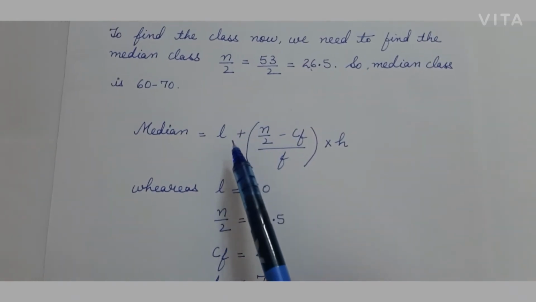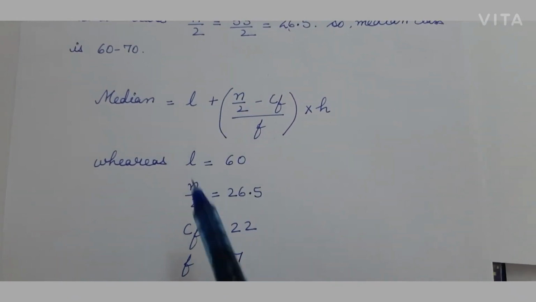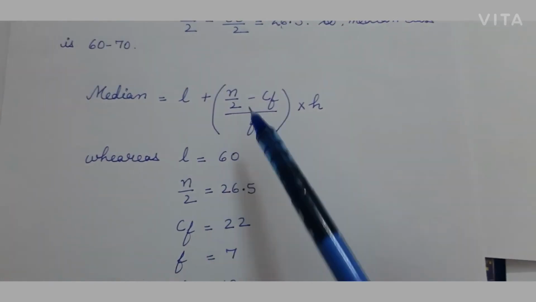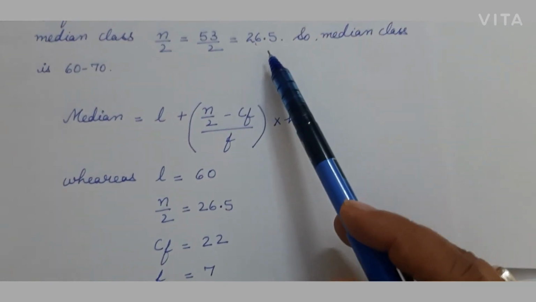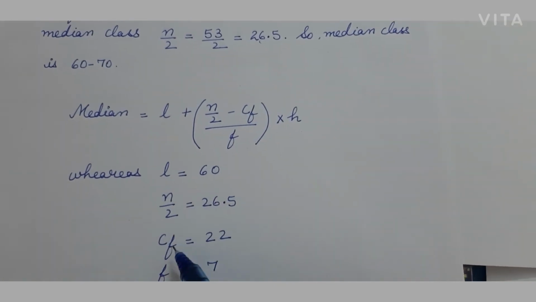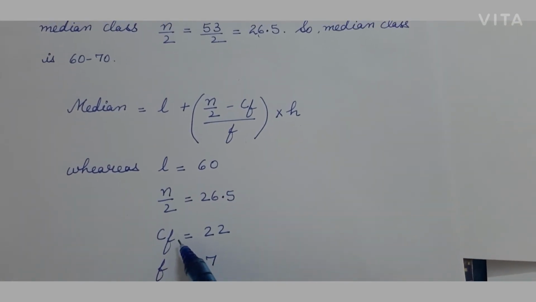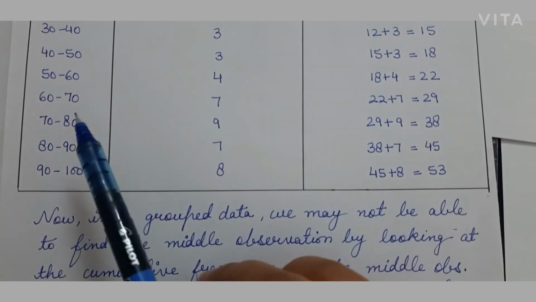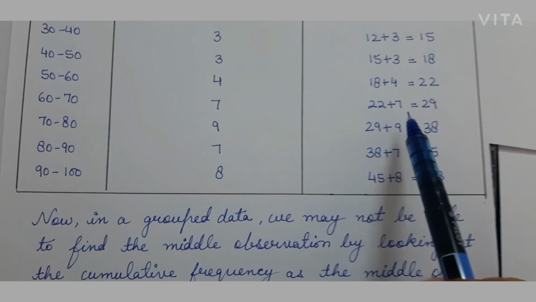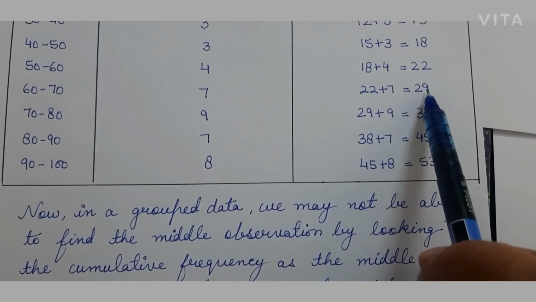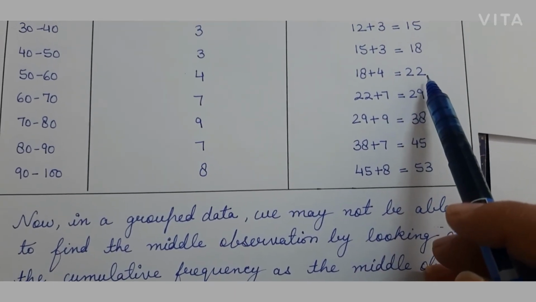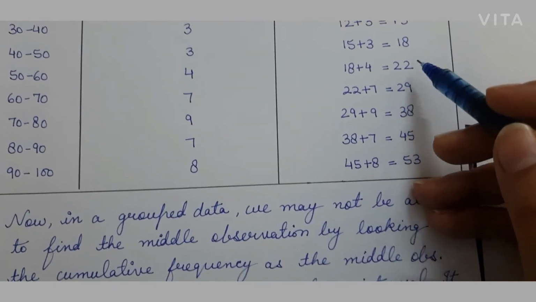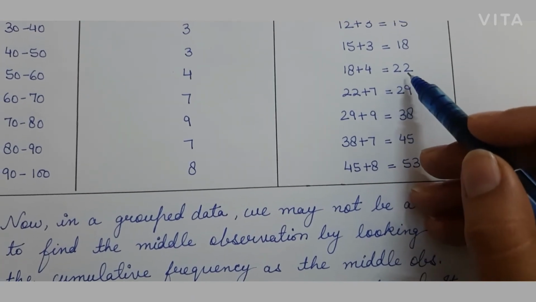Now just putting the values in our formula. L is the lower limit of our median class, that is 60, and n by 2 we have calculated as 26.5. For the cumulative frequency of the preceding class, we take the previous class, which comes out to be 22.